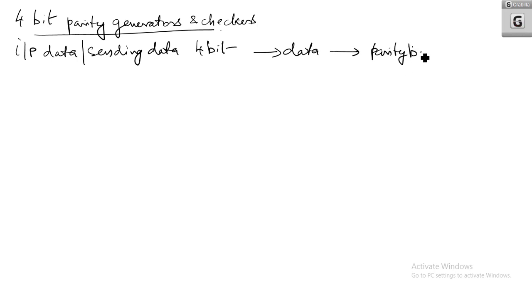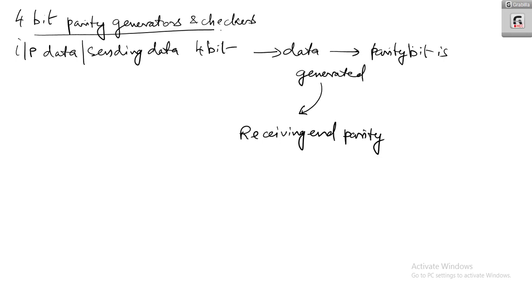And at the receiving end, the parity bit is checked. So here the main aim is to cross check the parity bit generated and the parity bit checked by the parity bit checker. So let me directly go into the 4-bit generator.